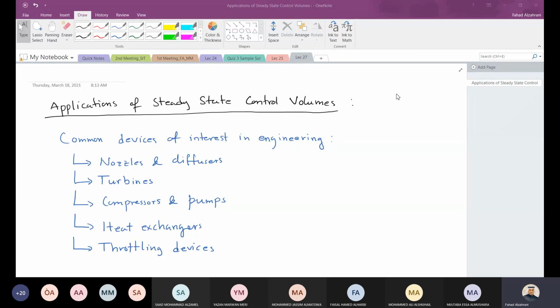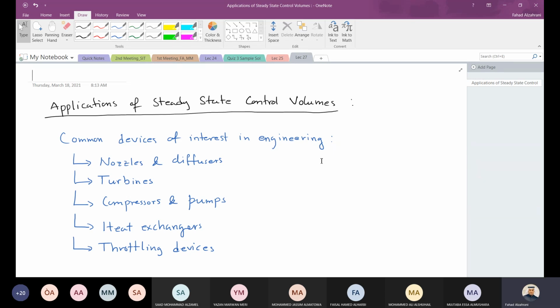Okay, so let's go back again. Today we will talk about the applications of steady-state control volume. In engineering, we encounter multiple devices with different objectives. What we want to do today is look at these devices and try to apply the energy balance for a control volume at steady state.